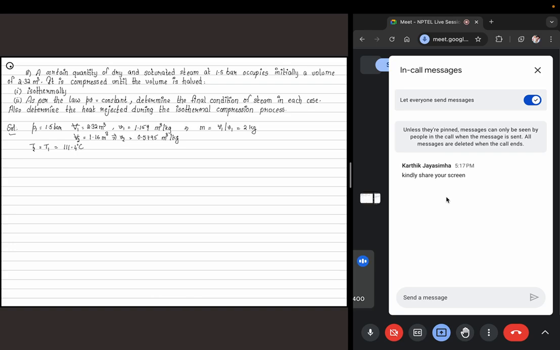So you know the temperature, and you also know the specific volume to be 0.5795. Are these two values sufficient to determine the final state, or do I need something else?